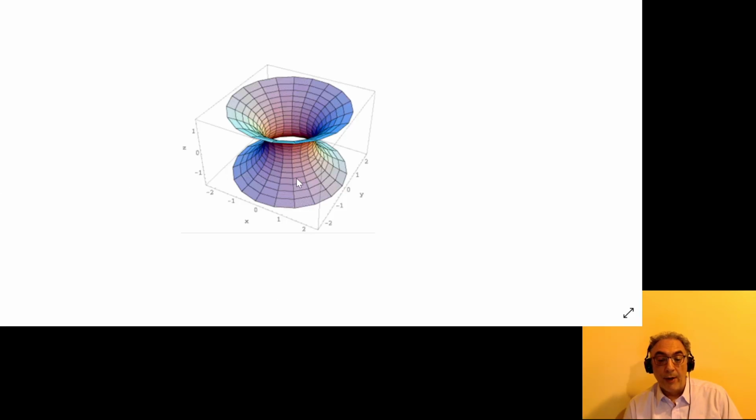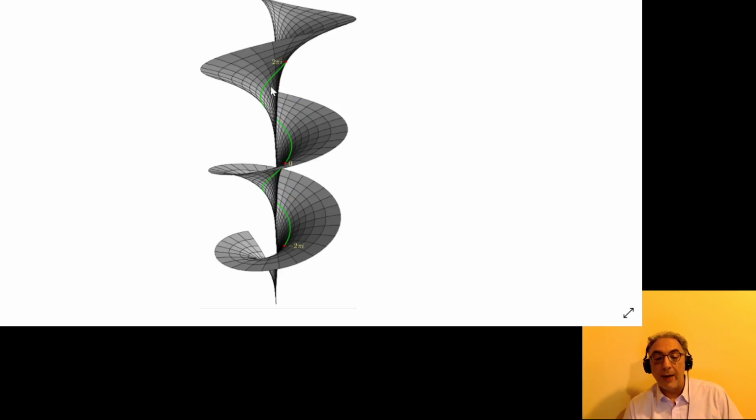This is a very deep theorem, and you can see that this is true only if you cut. So you cut the catenoid, and if you cut the catenoid, you can start unrolling it according to the helicoid.